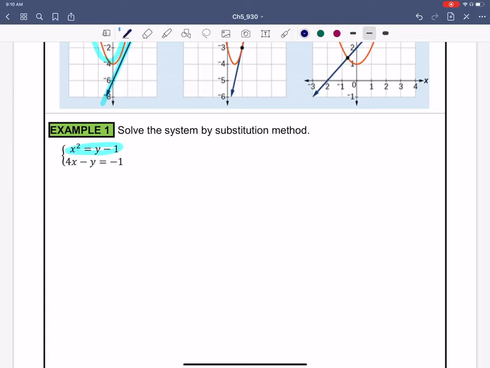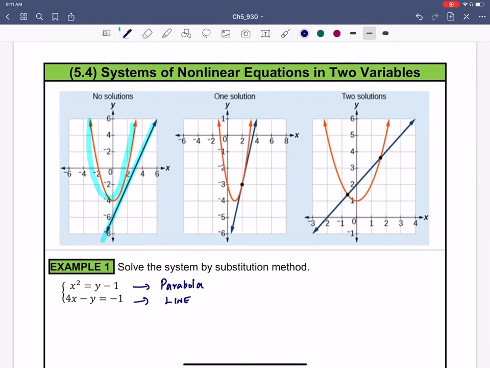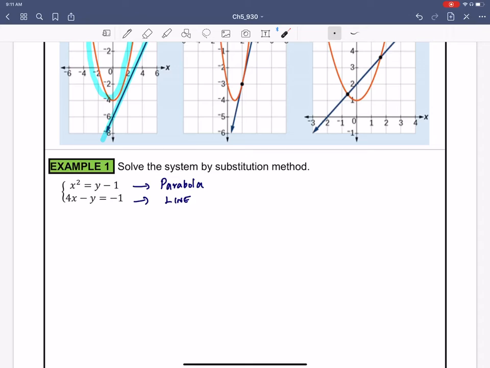If I have two equations here, this looks like a parabola, and this looks like a line. So it's going to be one of these cases: no solutions, only one solution, or two solutions. No problem, let's see how we solve that.